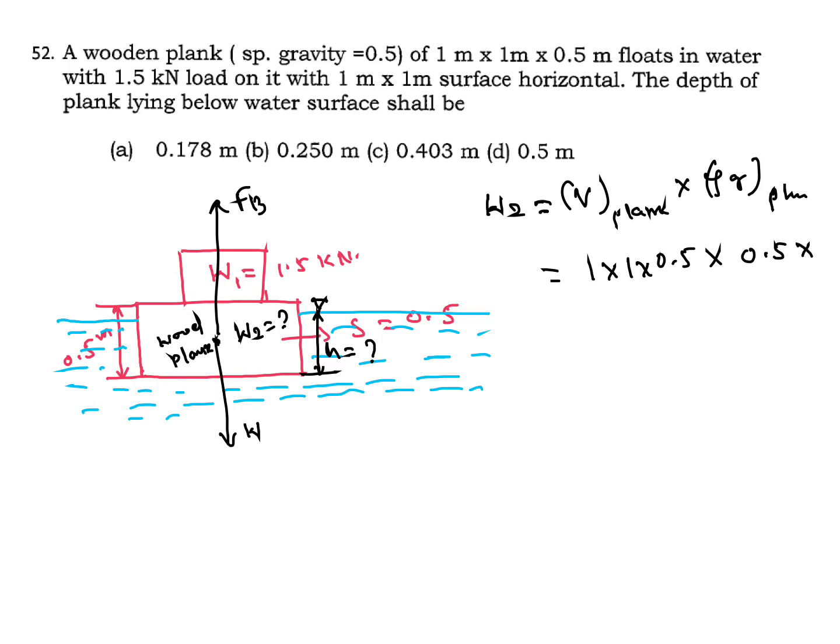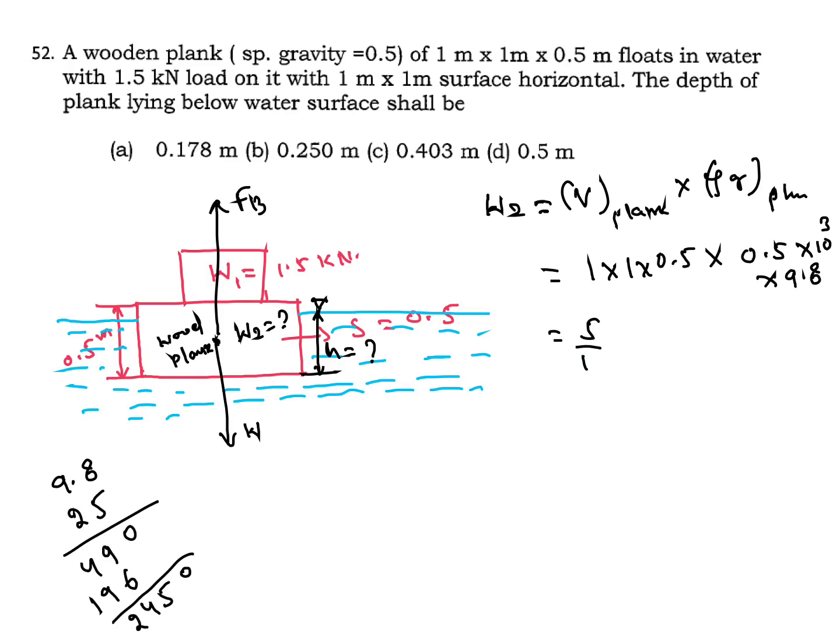So 0.5 into 0.5 is 0.25 into 10 to the power 3, so it's 250 into 9.8.